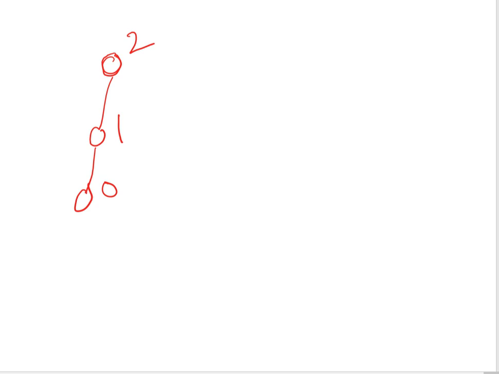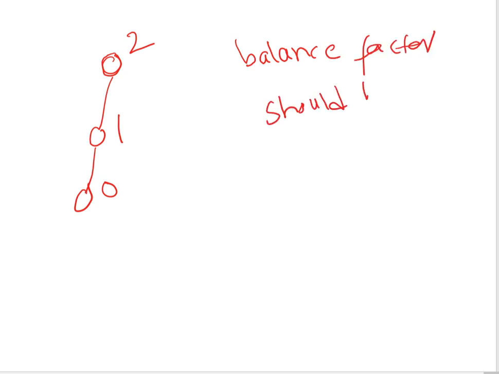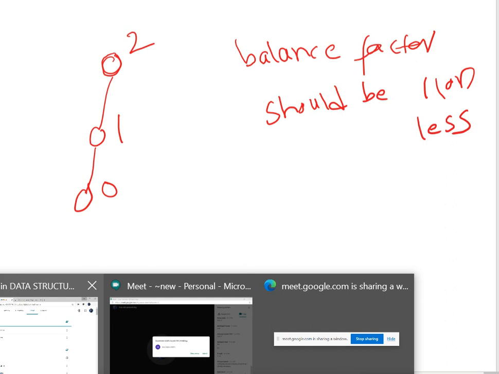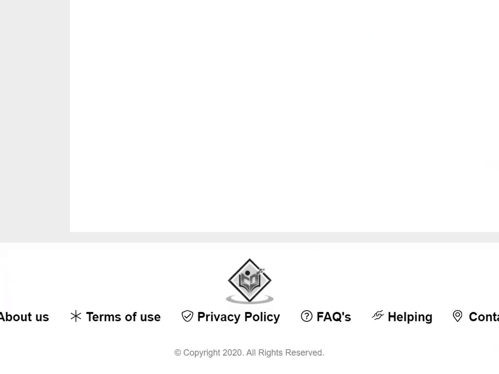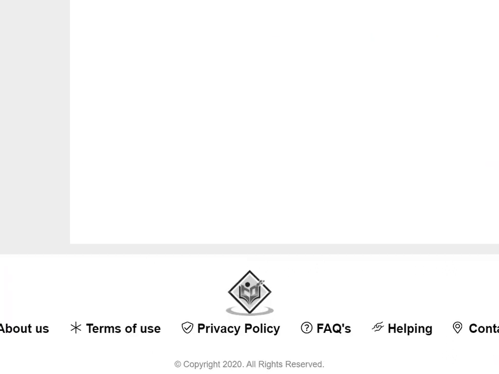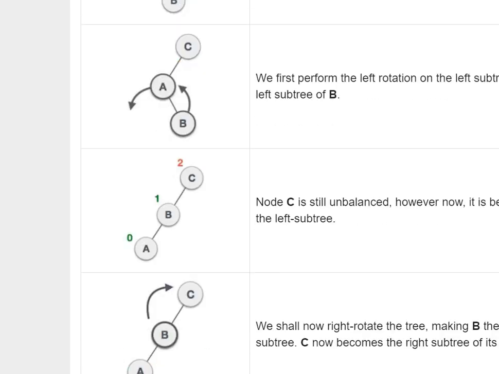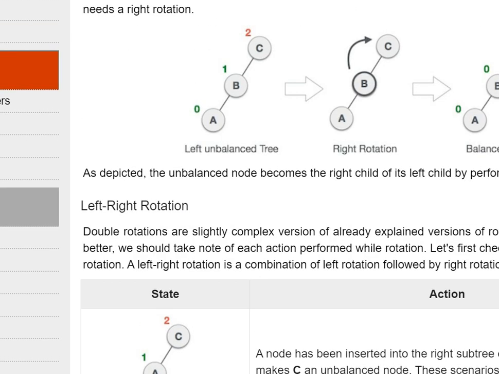What the AVL tree says is that the balance factor should be 1 or less, not more than 1. If you have more than 1, the tree is called not a balanced tree.